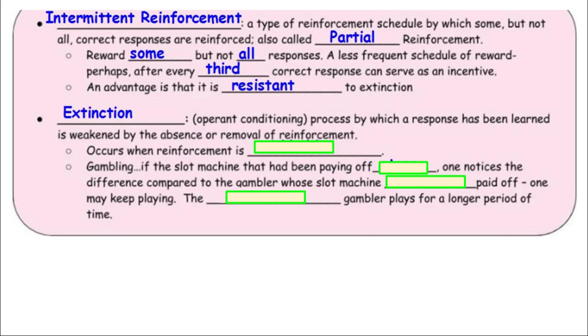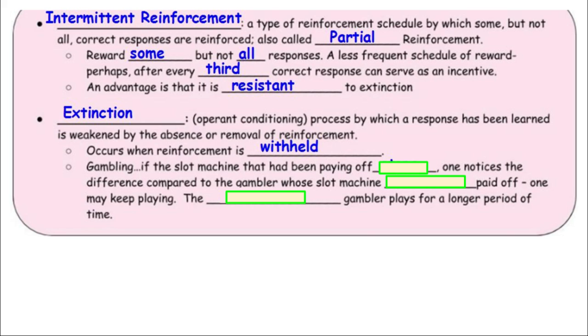All right. Extinction. We talked about extinction when we talked about classical conditioning. In operant conditioning, extinction is the process by which a response that has been learned is weakened by the absence or the removal of the reinforcement. So this occurs when reinforcement is withheld. Gambling is an example of this.